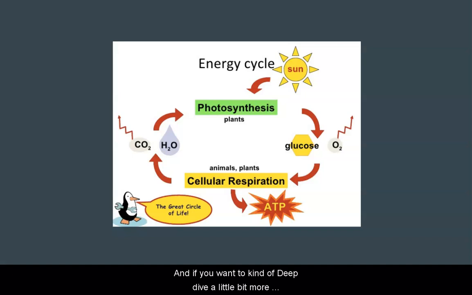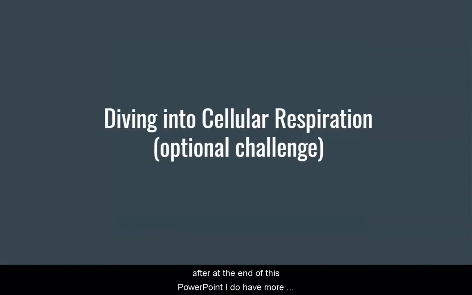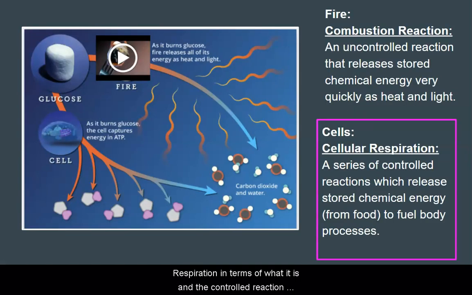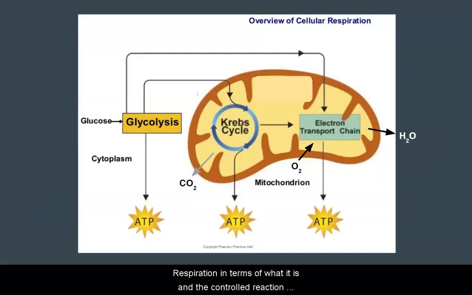And if you want to deep dive a little bit more, at the end of this PowerPoint I do have more detailed slides that tell you a little bit more about cellular respiration, in terms of what it is and the controlled reactions. It's actually a series of 3 steps, and I show you what goes in and what comes out in each one of those steps.